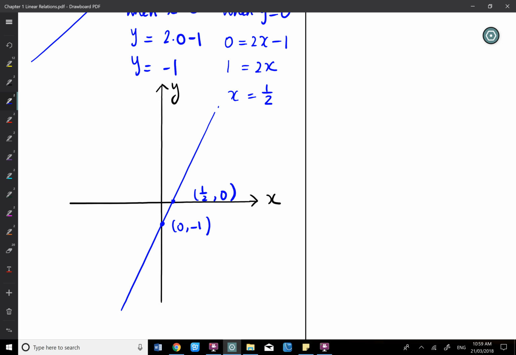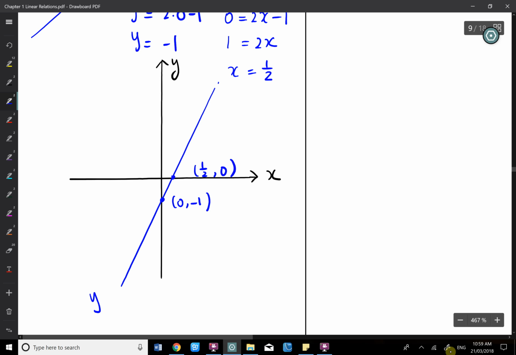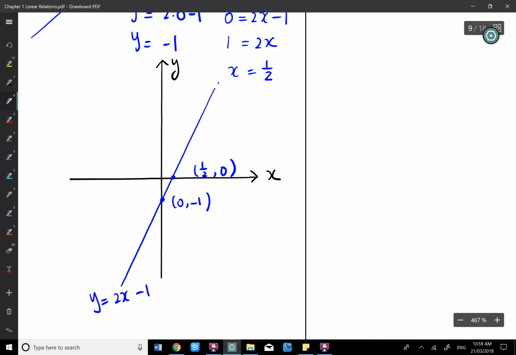Alright, one thing I want to mention to you is keep a good habit to label the graph. Label your graph. This blue graph is y equals 2x minus 1. Keep the equation there. When there's only one graph to sketch, we don't really need to do that.